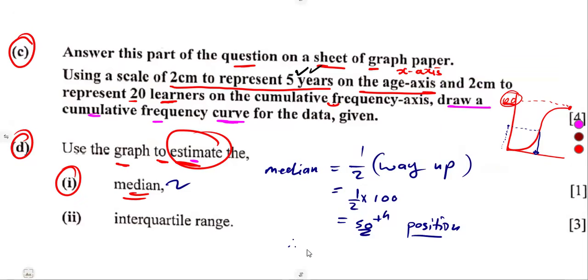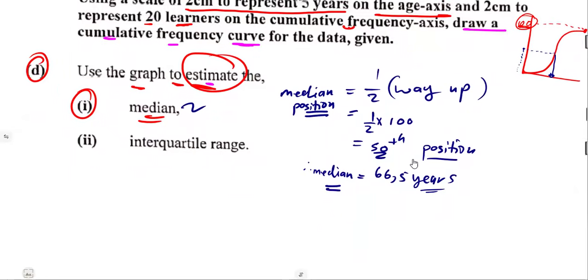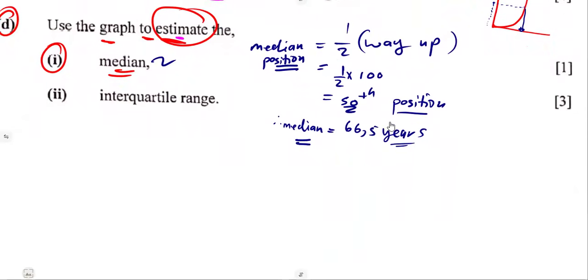Therefore, our median was going to be 66,5 years. Take note, this is the position of our median, and then this is the exact value of our median, okay? So do not confuse between the two.